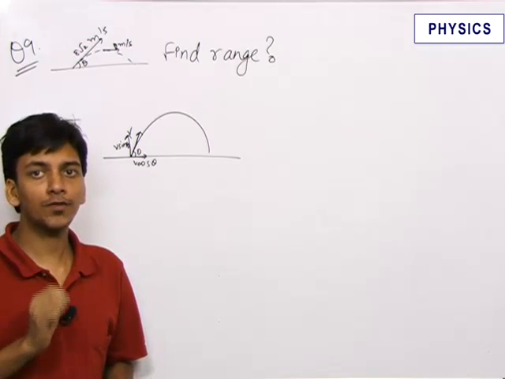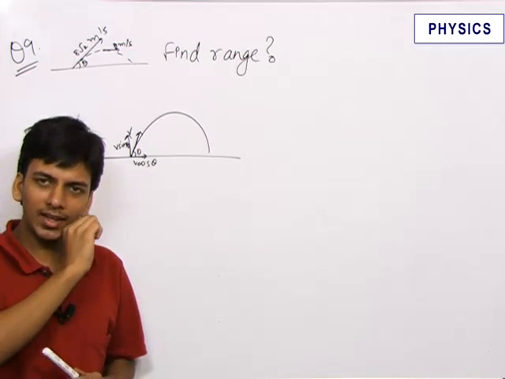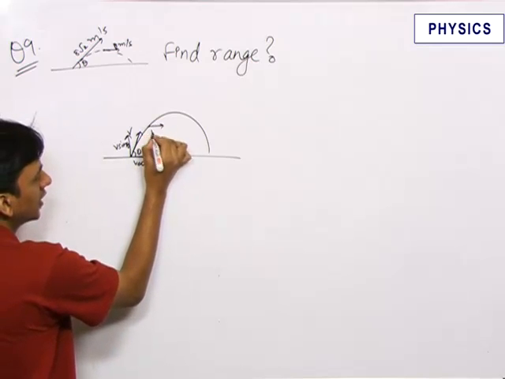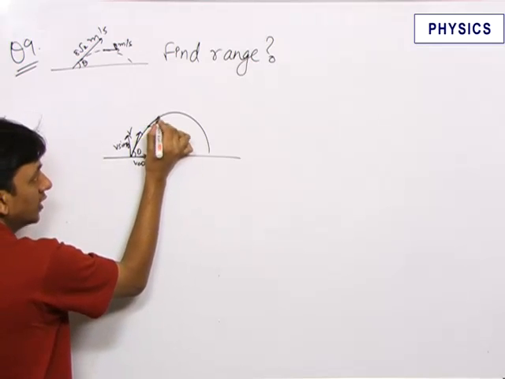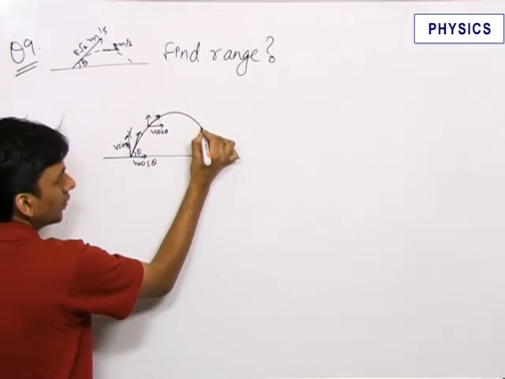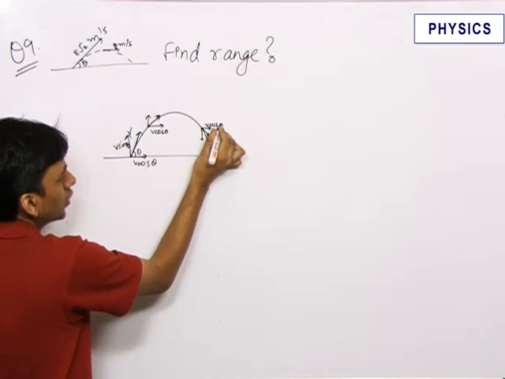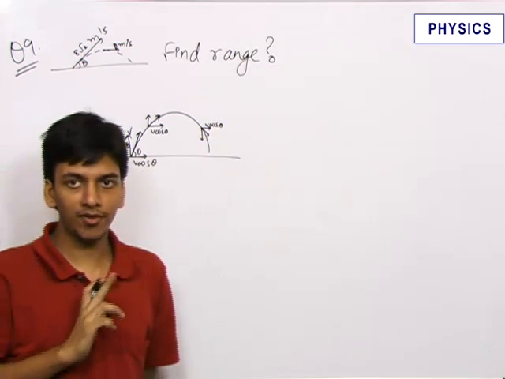So the x component of the velocity at every point of its projectile is v cos theta. When the object is here, it is v cos theta, and at this point it is again v cos theta. So the x component of the velocity never changes.